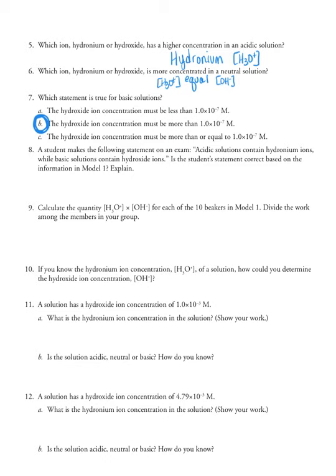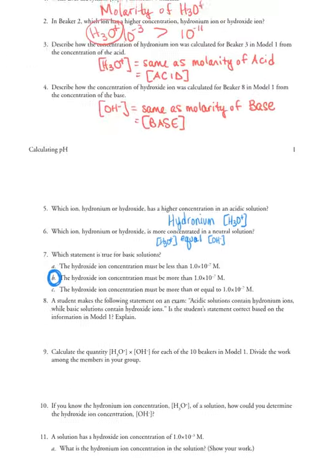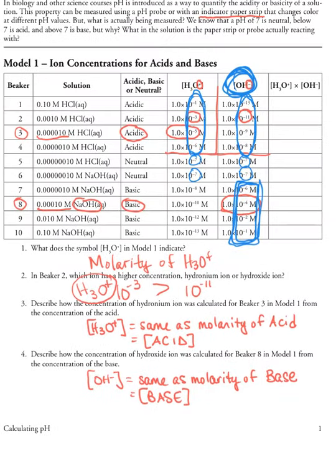All right, number 8. A student makes the following statement on an exam. Acidic solutions contain hydronium ions, while basic solutions contain hydroxide ions. Is the student's statement correct based on the information in Model 1? Explain. Well, based on Model 1, if it's basic, does that mean it's only got hydroxide ions, or do they have hydroxide and hydronium ions?